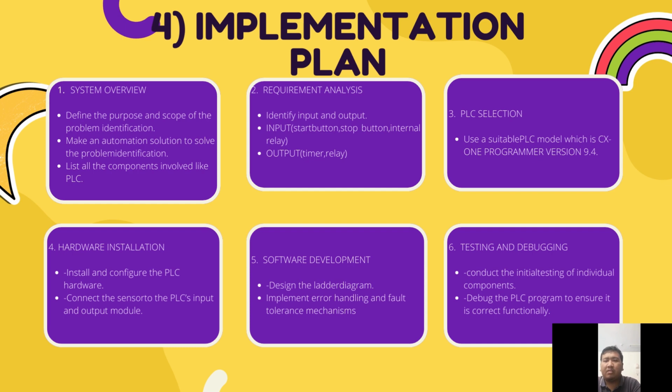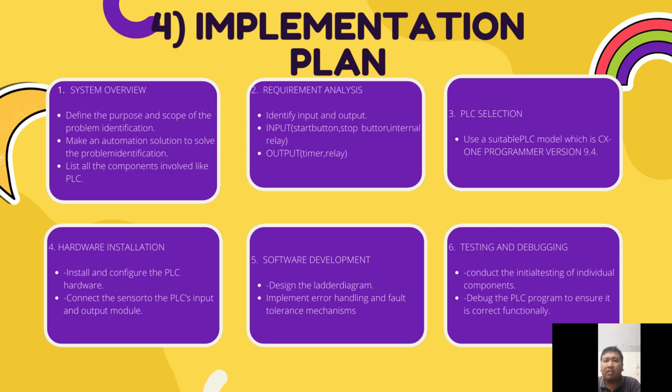Assalamualaikum, my name is Lava Ismin Mazroni and my matrix number is 34 DKM 21F1094 and I will continue with the implementation plan. There are 11 plans we have. First, system overview, which is our first plan.